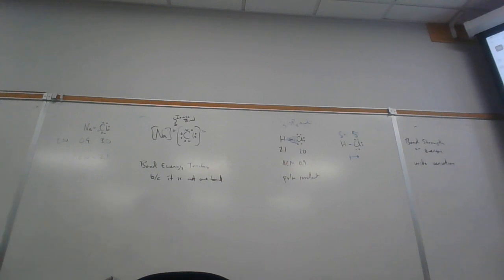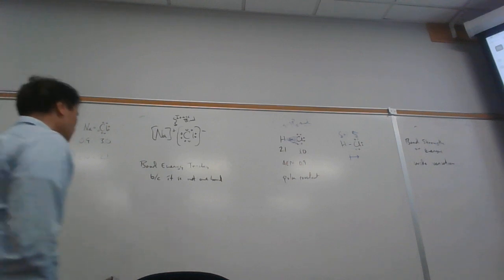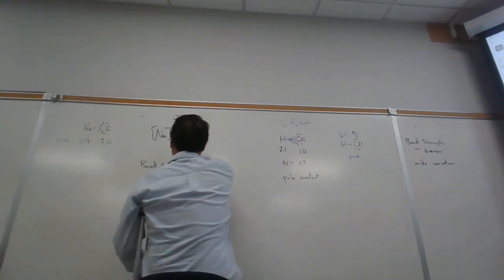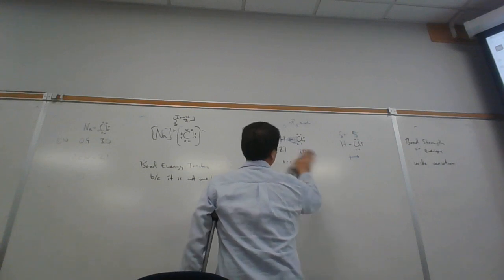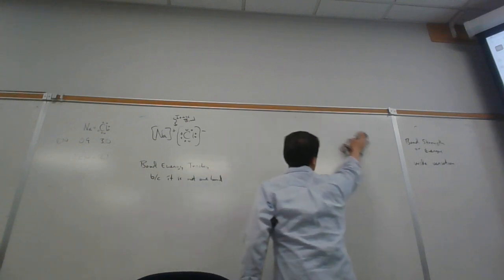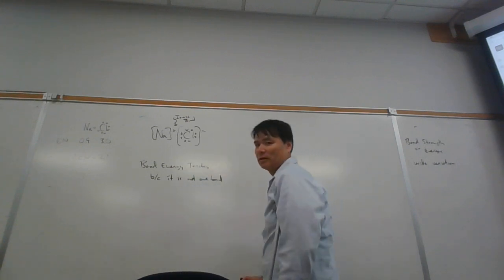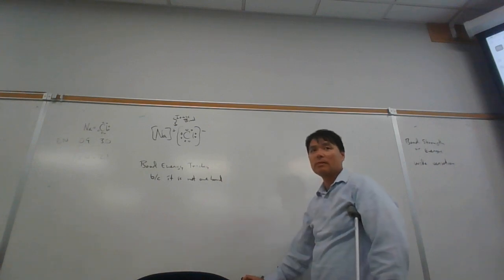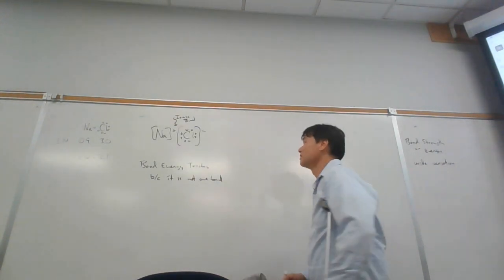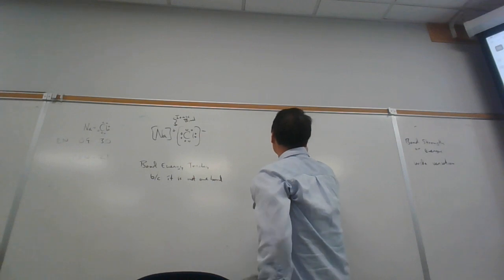Do you know how many other gold atoms each gold atom is bonded to? 12. It turns out that sodium isn't bonded to just one chloride. Do you know how many chlorides sodium is bonded to? 6. Turns out it's 6.